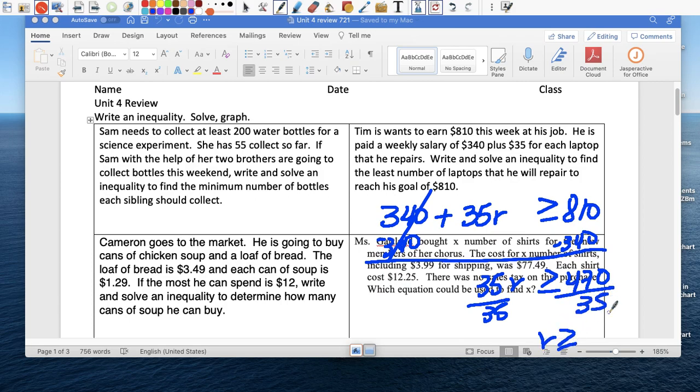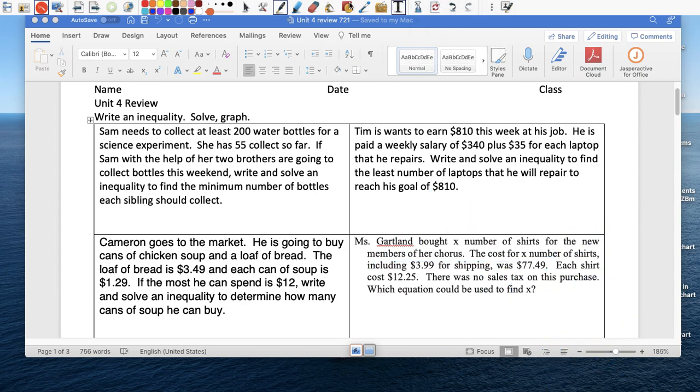The number of laptops that he needs to repair, 470 divided by 35, equals 13.42 laptops. But you can't repair 13.42 laptops, so he has to repair 14 laptops. So we're going to shade that in and higher.